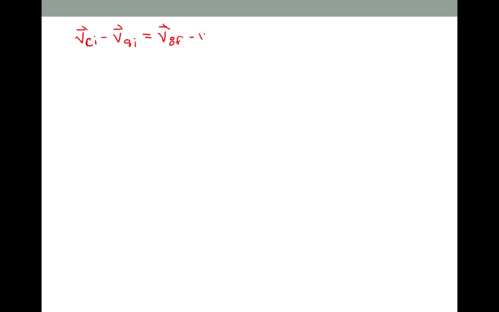So that gives me 6 meters per second minus 0 meters per second equals V8 final minus VQ final. And now I'm going to solve for the final velocity of the 8 ball: it is 6 meters per second plus VQ final.